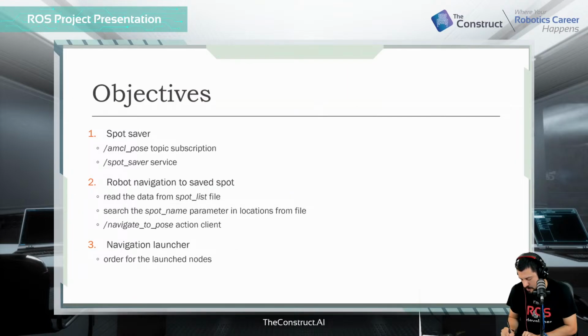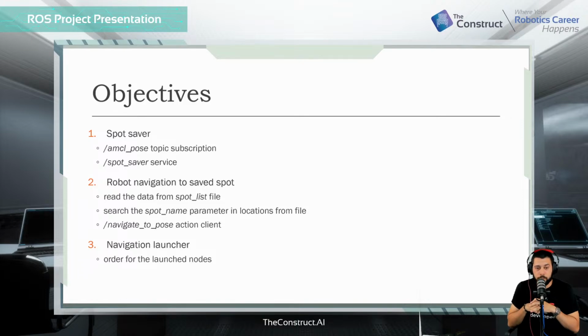So the objectives of the project are to save the spots. For that, I use AMCL pose topic subscription and spot saver service. The second objective is to move the robot to the saved spots.